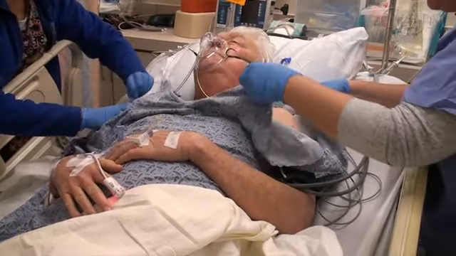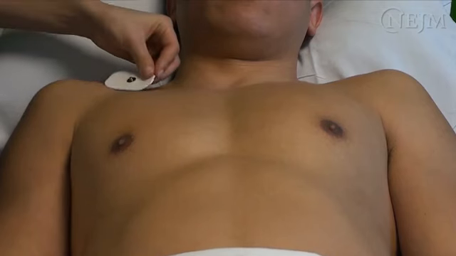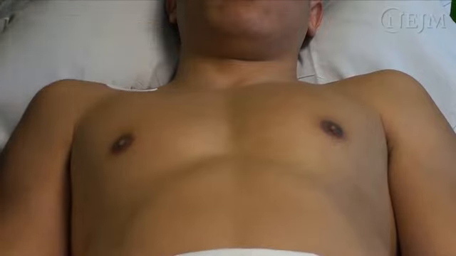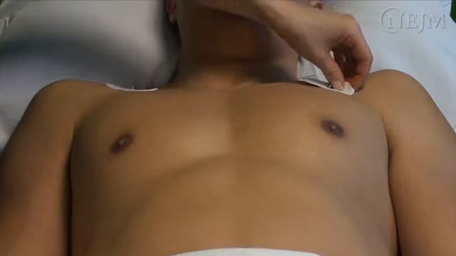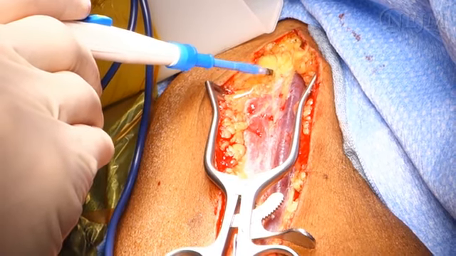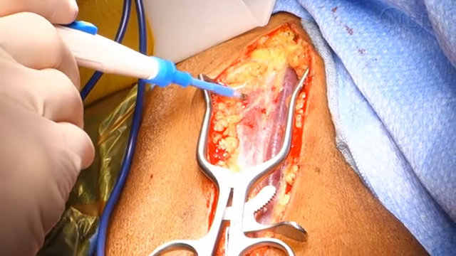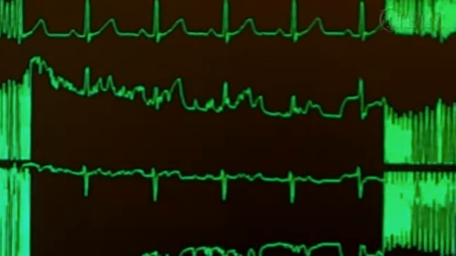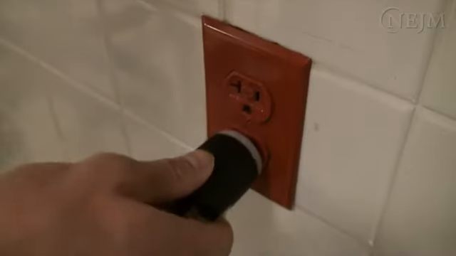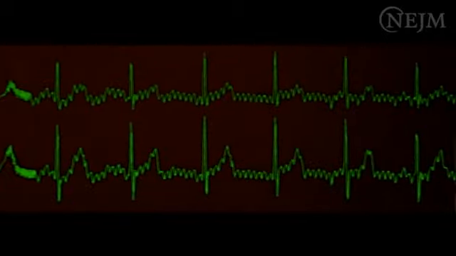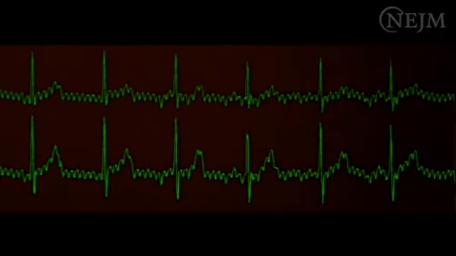To minimize the occurrence of artifacts, place the electrodes on areas where there is minimal muscle movement, such as on the torso near the limbs, rather than on the limbs themselves. In the operating room, electrocautery can interfere with the ECG tracing, causing artifacts that can be misinterpreted by the machine as QRS complexes. Interference from nearby devices that use alternating currents can also cause artifacts, as can faulty electrodes.